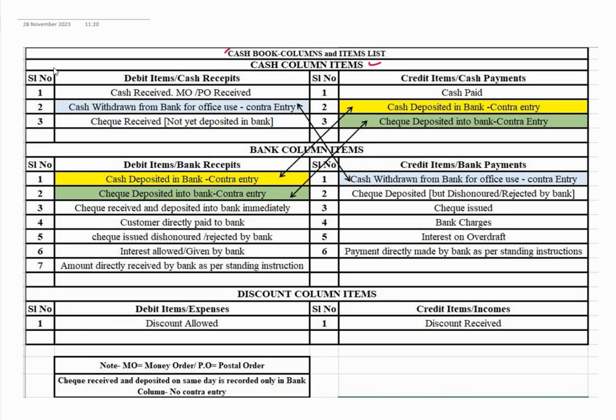In the same way here also, all the debits should be written on the left side, that is, the debit side.